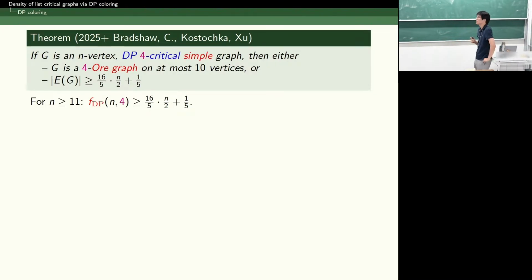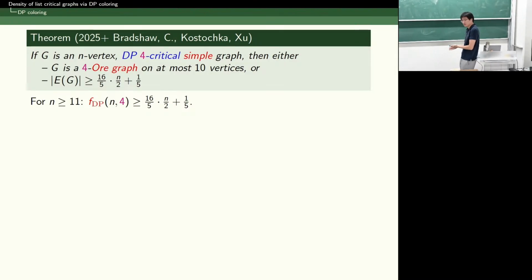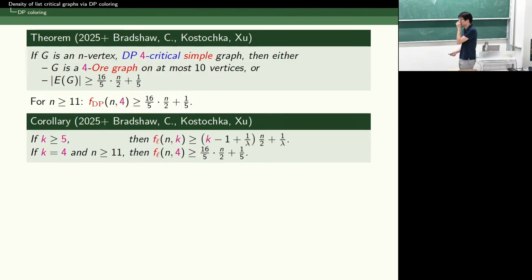Our results for DP coloring can be used as a tool for list coloring as well, and all of our results also imply the same bound for list coloring. This is not immediate; we had to add maybe half a page or a full page of proof explaining how to apply these results to list coloring, but we were able to do it.